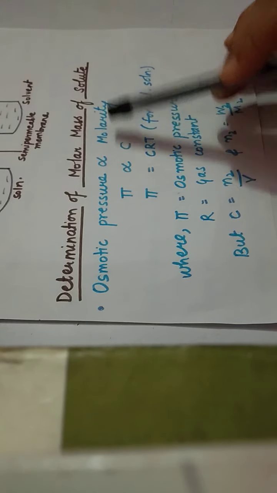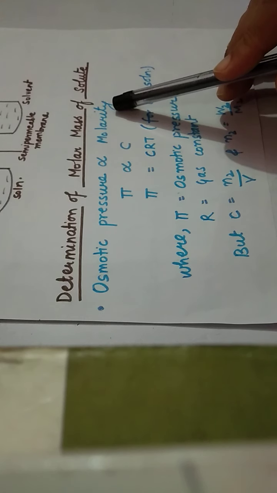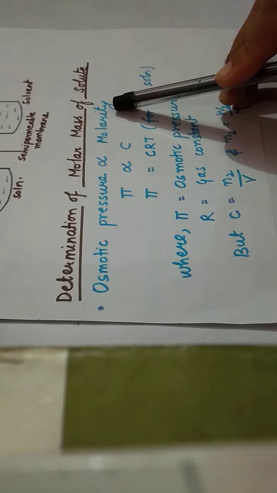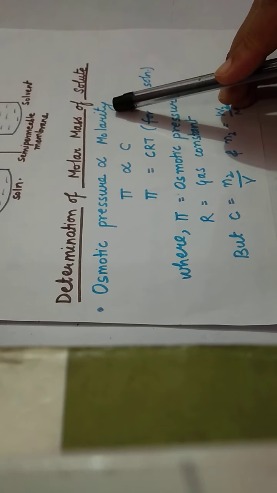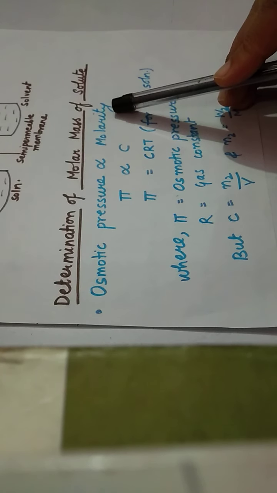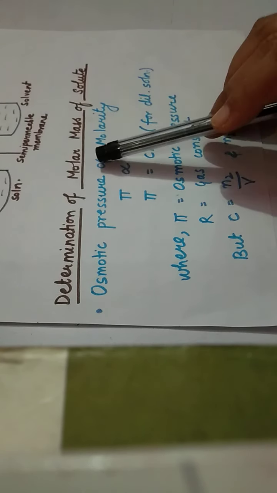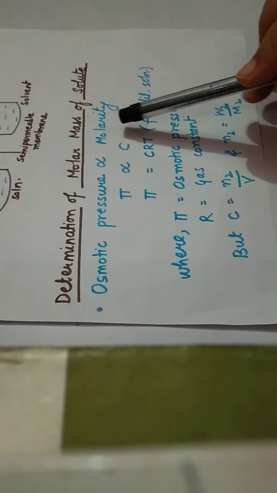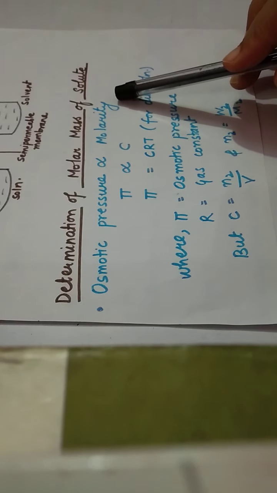Osmotic pressure is directly proportional to molarity. Earlier we studied elevation in boiling point and depression in freezing point. Both of those depend upon the molality. But here, osmotic pressure is directly proportional to molarity.